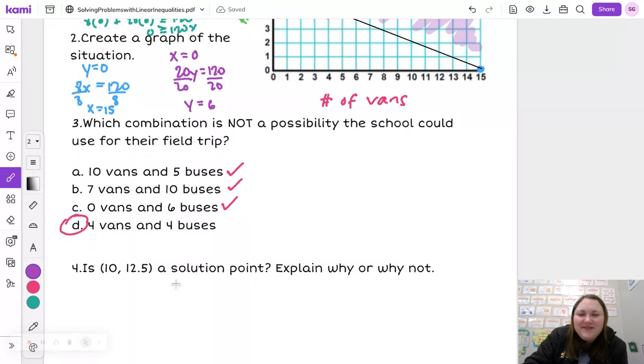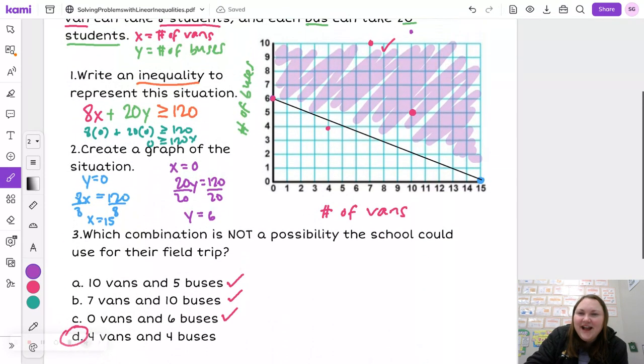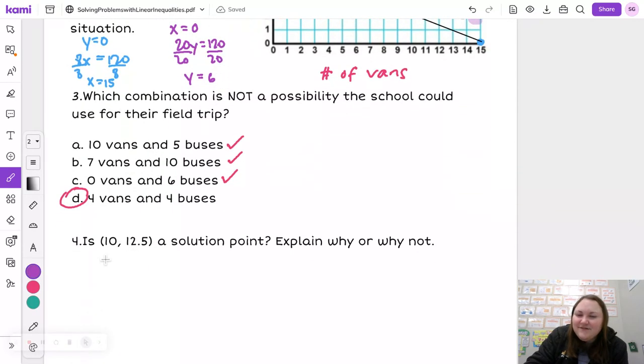But think about what this means. We've said earlier, x represents the number of vans, y is the number of buses. So if this is a solution point, what does that mean? It means they can take 10 vans and what? 12.5 buses? That does not make sense.